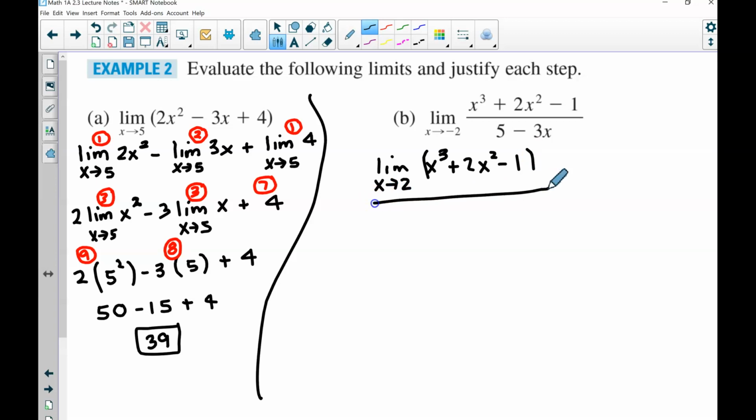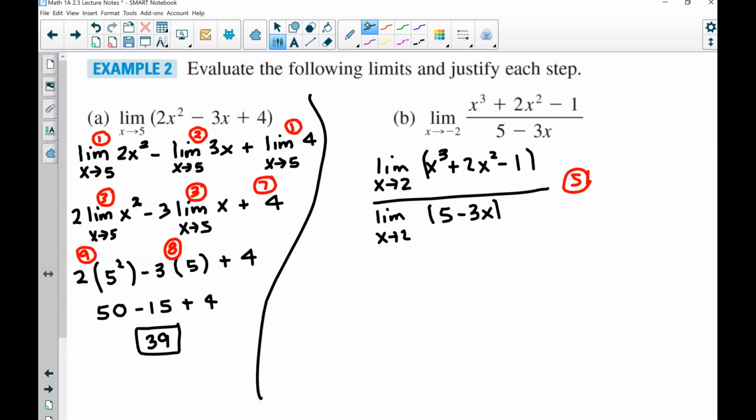And we're dividing that by the limit as x approaches 2 of the denominator, which is 5 minus 3x. Okay, now by using the division rule, that rule was number 5 of the limit law. Okay, so it might be handy to have those limit laws on paper or written down in front of you as you're going through this until you get used to them.